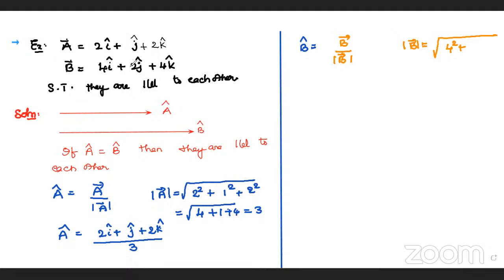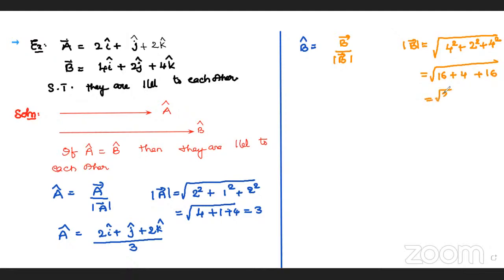So bx square is 4 square, by square is 2 square, plus bz square is 4 square. You are getting root over 16 plus 4 plus 16, that is 36.